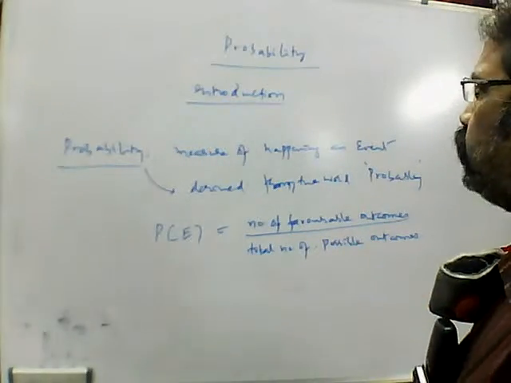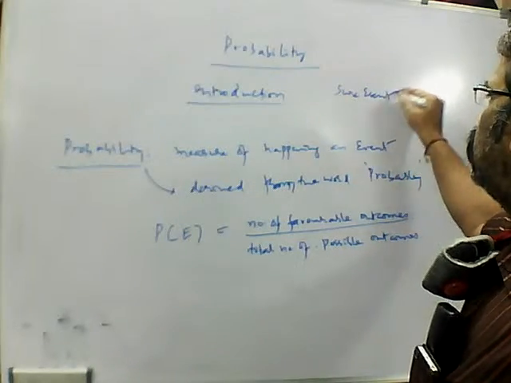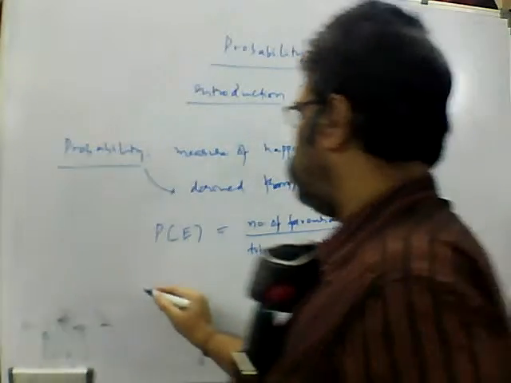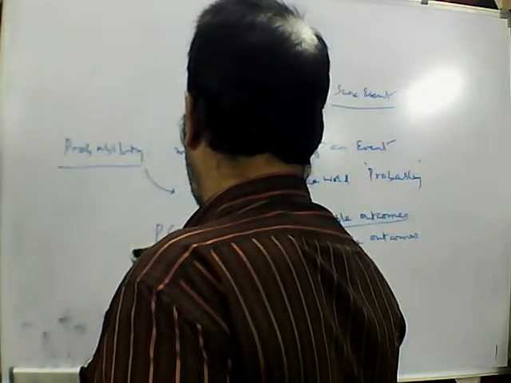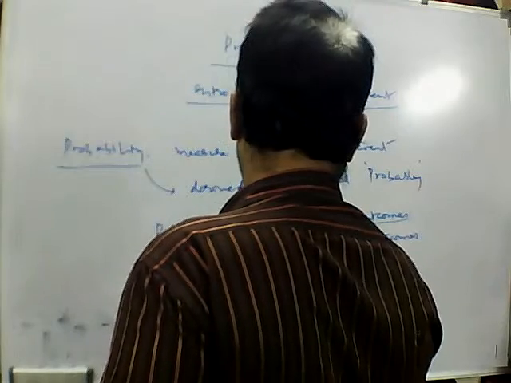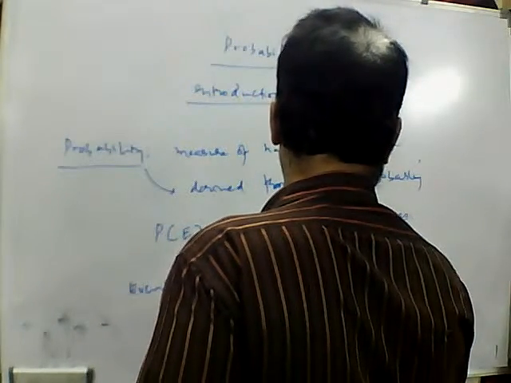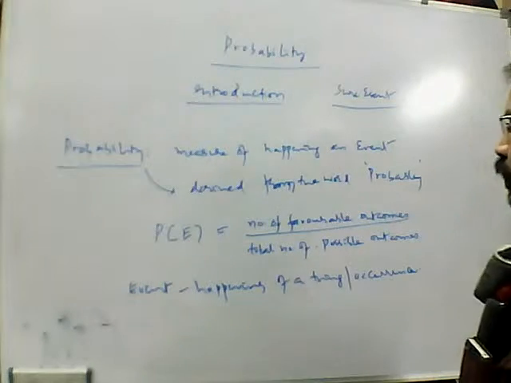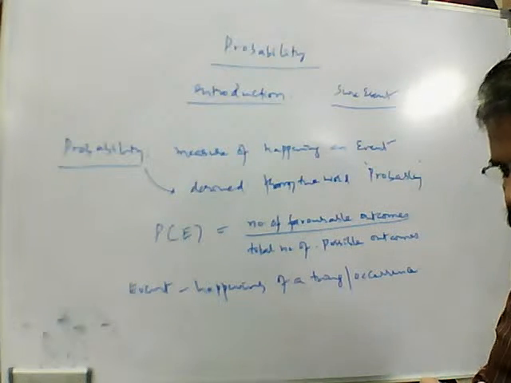Then what about the sure event? An event is the happening of a thing or occurrence, right? Now, what is a sure event? Already you know. Suppose I have tossed a coin.